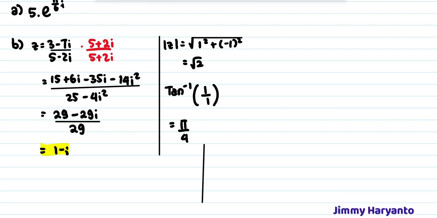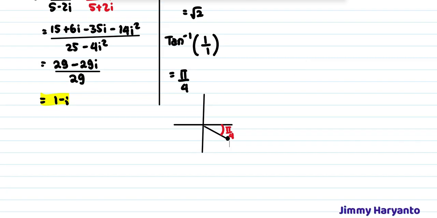Let's draw the Argand diagram. 1, negative 1 will be right here, and the vector will be like this. That means the one that we got is pi over 4 right here, but because we use clockwise direction, that means the argument of z will be negative. The argument of z equals negative pi over 4.